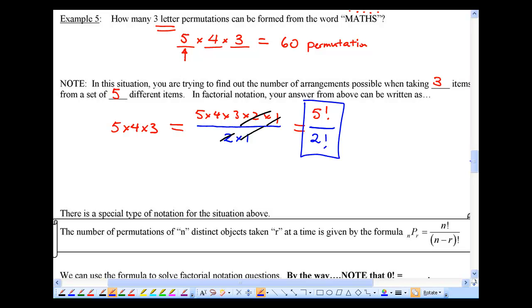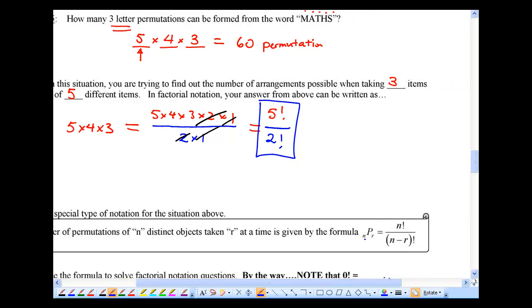It says the number of permutations of n distinct objects, so like in the previous example, 5 different or distinct objects taken r at a time, which would be 3 at a time, is given by this notation, which is called nPr, and the formula is n factorial over n minus r factorial.